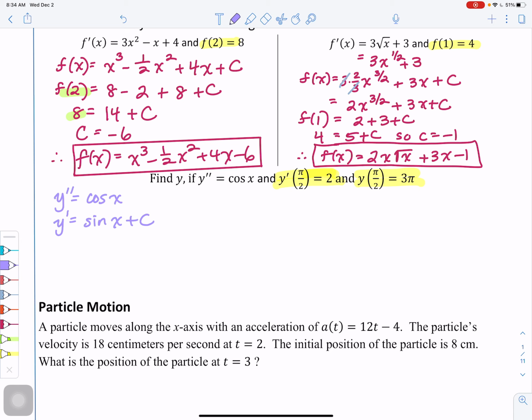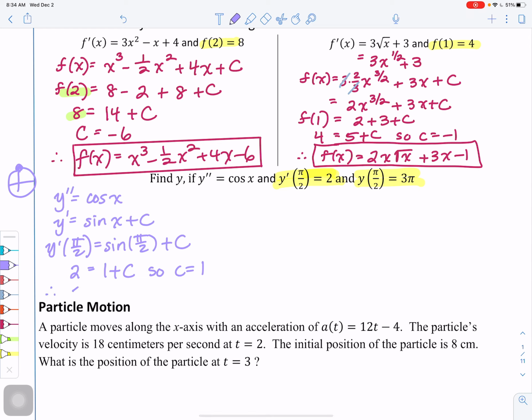I'm given a data value here, and y prime evaluated at pi over 2 is equal to 2. So this is the sine of pi over 2 plus a constant. And of course, we know that the sine of pi over 2 is 1 plus c. So c is equal to 1.